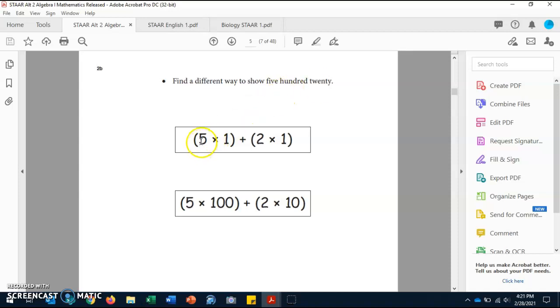So here you have 5 times 1 plus 2 times 1. And then you have over here 5 times 100 plus 2 times 100. So circle the answer choice that gives you a different way to show 520.